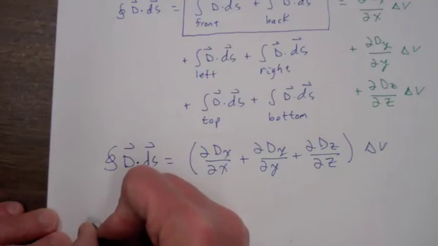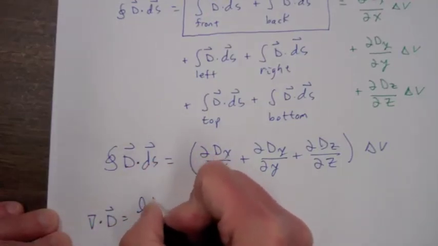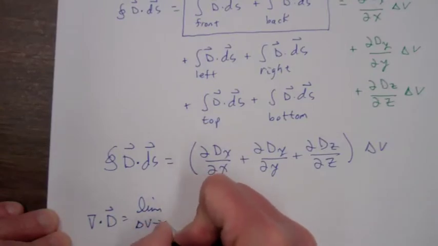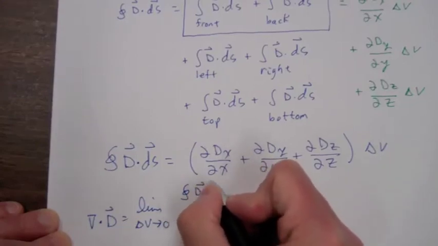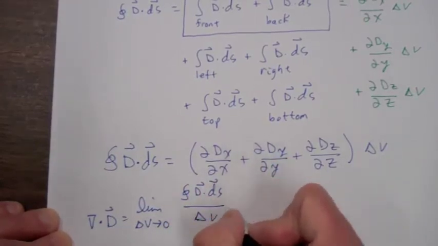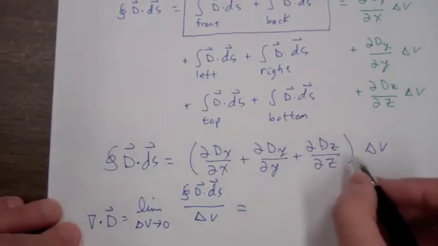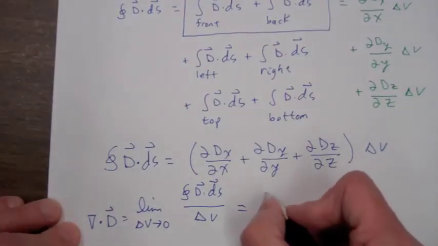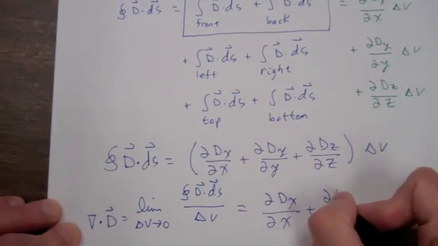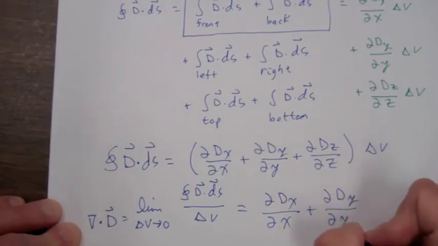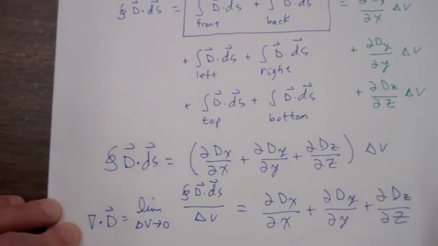So the divergence of d equals the limit as delta v goes to 0 of the integral of d dot ds over delta v, which is equal to the right hand side here, which when you divide by delta v you'll just be left with partial d sub x with respect to x plus partial d sub y with respect to y plus the partial d sub z with respect to z.